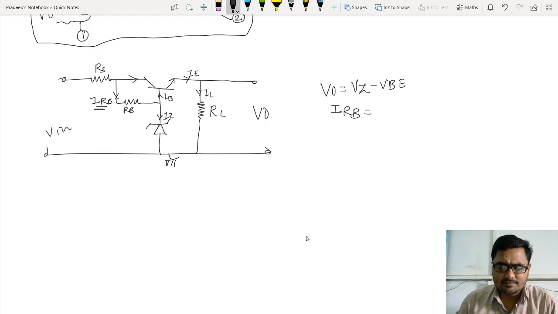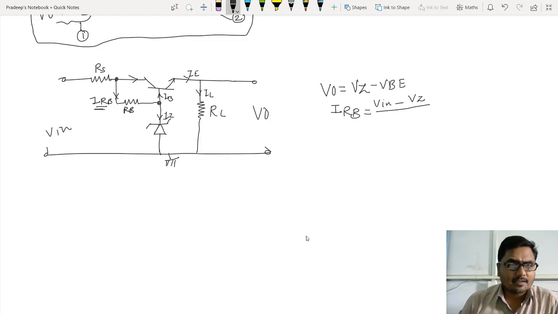If I want to write the equation for the current IRB, how can I write it? This voltage minus this voltage divided by the resistor. Now what is this voltage? It is input voltage. So I will write VI or Vin. Use the proper notation. Minus what is this voltage? It is the Zener voltage. So I will write Vz divided by the resistor, that is RB.